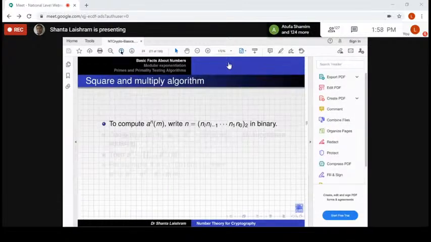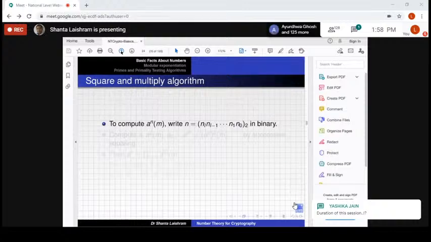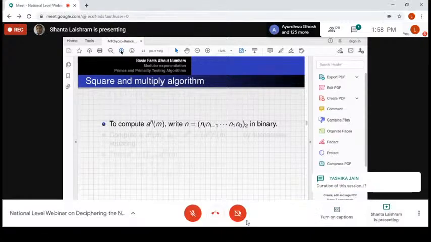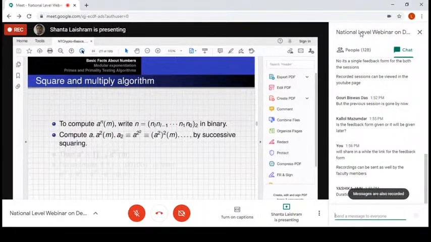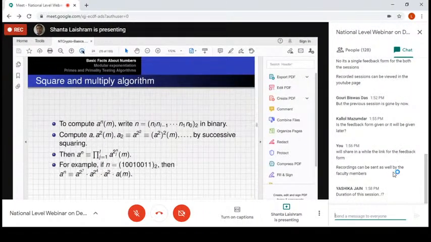So now the question is that many times we need to take powers of numbers modulo M. How do you take powers? We don't want to keep multiplying, so we have to make an efficient algorithm to take the powers. There's a notion of the square and multiply algorithm, which I just want to show you.